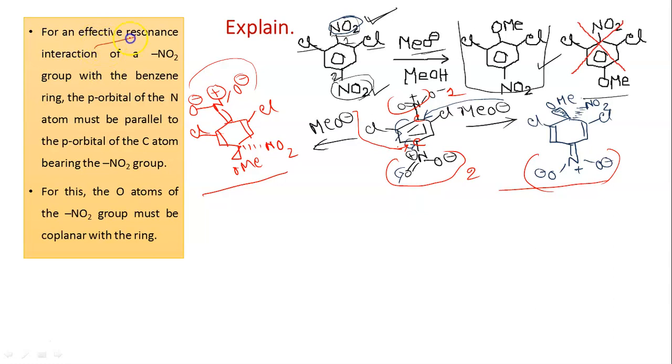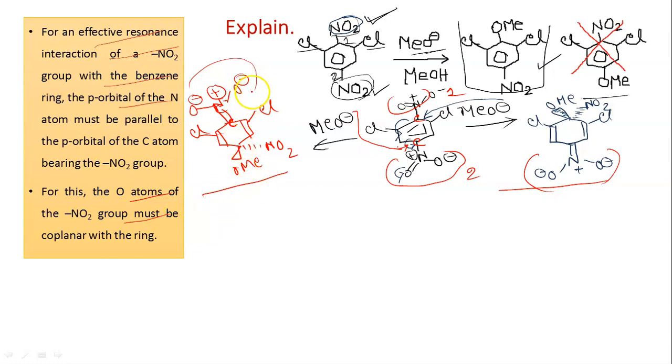Now for an effective resonance interaction of an NO2 group with the benzene ring, the p orbital of the nitrogen atom must be parallel to the p orbital of this carbon atom. But for that purpose the oxygen atoms of the NO2 group must also be coplanar with the ring.